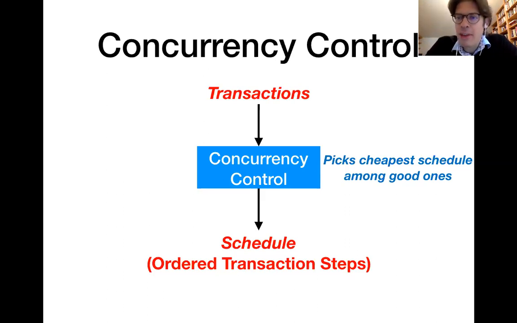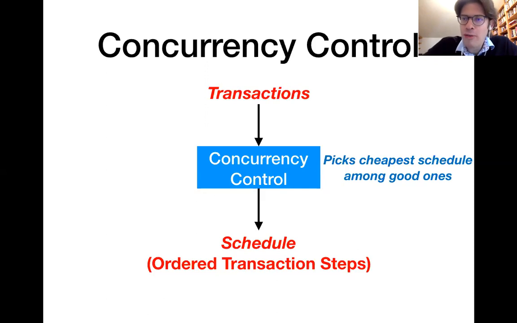If you are not careful, this might lead to strange behavior from the user's perspective. So isolation is the guarantee that users will not be aware that multiple transactions are executing concurrently. And the process by which we achieve that is called concurrency control.